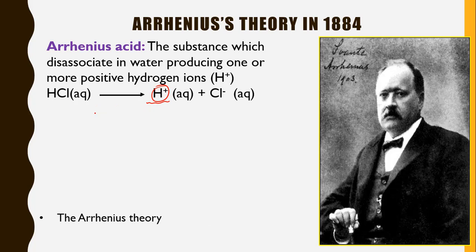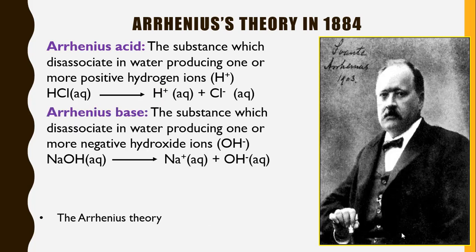Another example, H2SO4. Arrhenius base is a substance which dissociates in water producing one or more negative hydroxide ions. For example, NaOH, when it dissolves in water it gives us OH negative aqueous, hydroxide ion.